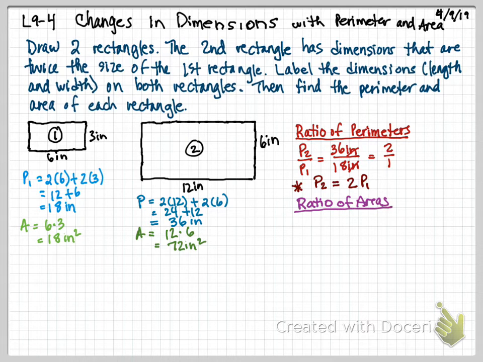So again, we're going to compare the larger one to the smaller one. And see, the larger area was 72 square inches. The smaller area was 18 square inches. The labels cancel out. And see, 18 goes into itself once and into 72 4 times. So we get 4 to 1.